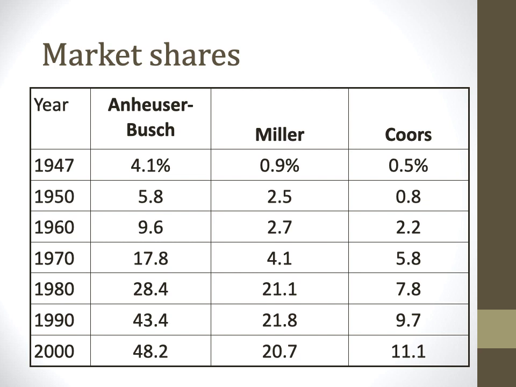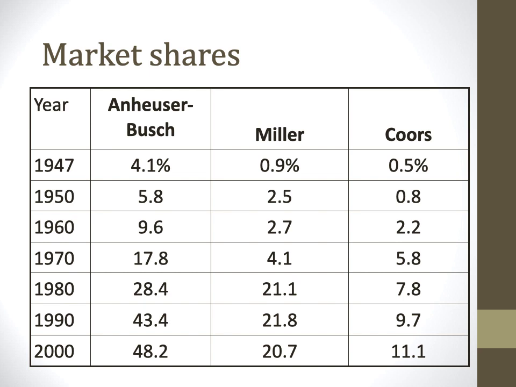Now, Miller had a big jump in growth after they were acquired by Philip Morris. And Coors initially was shipping only locally in Colorado, and then became late to ship to the national markets, but eventually became the third place player. So by the year 2000, we had a very tight, profitable oligopoly, almost equivalent to the domestic car industry.